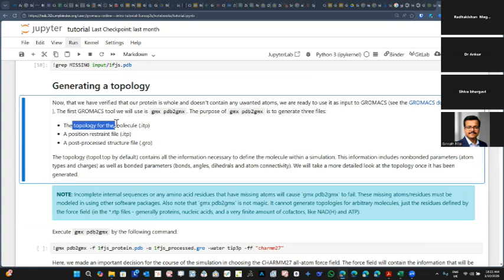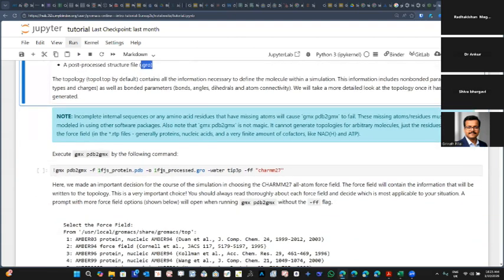Using the PDB information, we are trying to generate topology, which is ITP, then position restraint, as well as post-processed structure, which would be in a GRO format. So the PDB will get converted to ITP files as well as GRO formats. That's the step that we are going to do here.